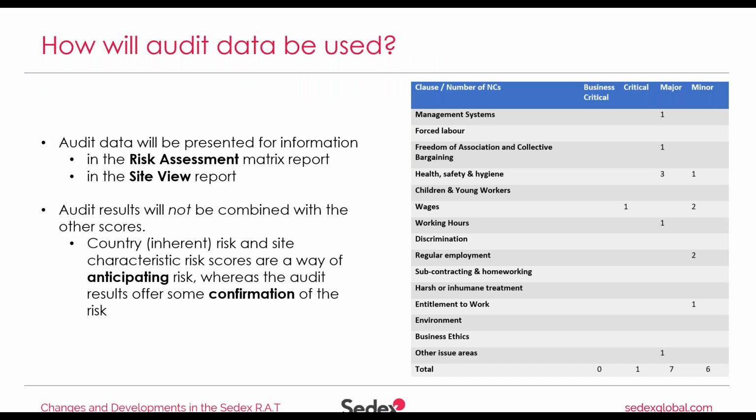Okay, how will audit data be used in the new risk assessment tool? Well, when we were consulting about how to make this tool, one of the big parts of feedback we got from members was that we don't make good use of audit information for a site or business at the moment. And there were some people asking whether we could put audit results into the overall risk rating.